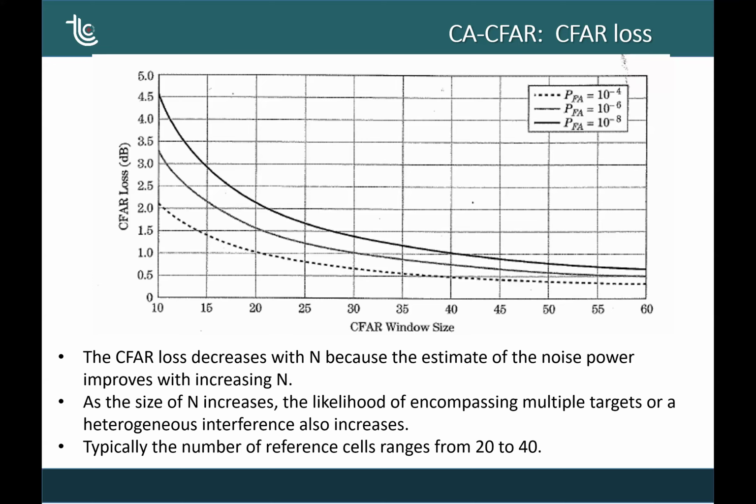So now maybe the idea could be, okay, since I want to decrease the CFAR losses, then I should consider a very high value of the CFAR window. The problem is that this is not realistic, and I will explain why later on. The typical number of reference cells that we use is from 20 to 40.